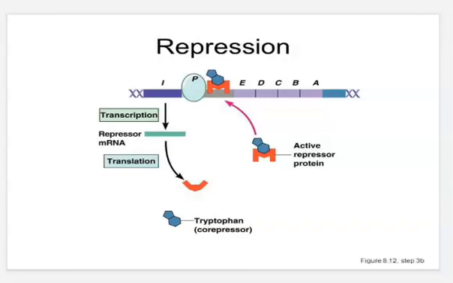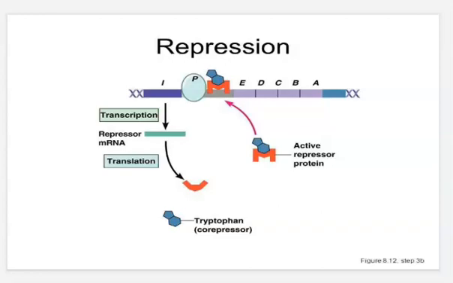compound. The operon, here the TRP operon. The operon is the set of genes transcribed under the control of operator genes, and thus it is the functional unit of transcription and genetic regulation. See here, the red one is the active repressor protein, and the benzene-like structure is the drug or amino acid tryptophan.